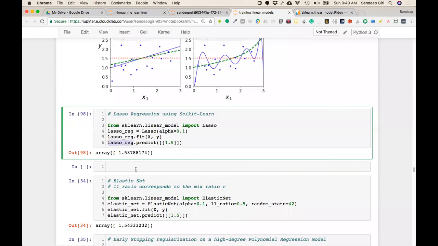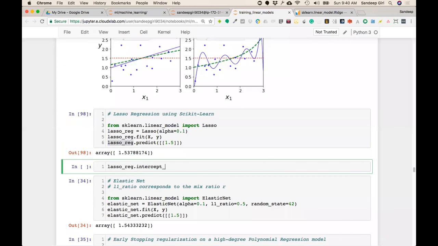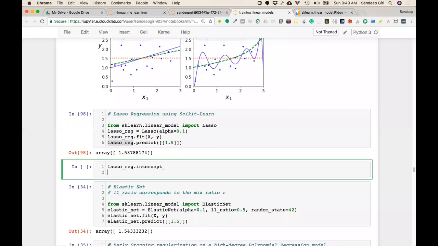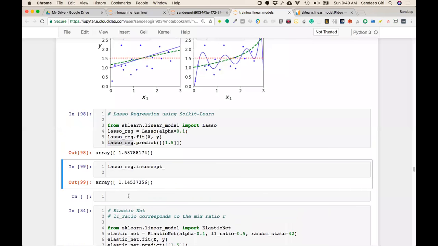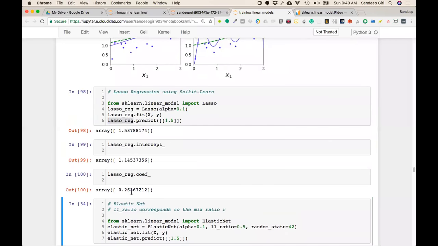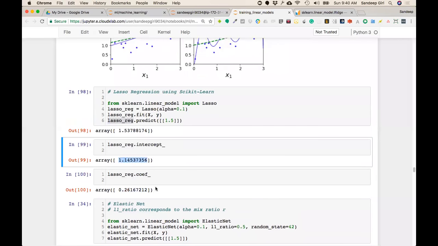So I'm going to just say this intercept, okay? And you can see that intercept. Okay, so this is the coefficient and this is the intercept that is generated.